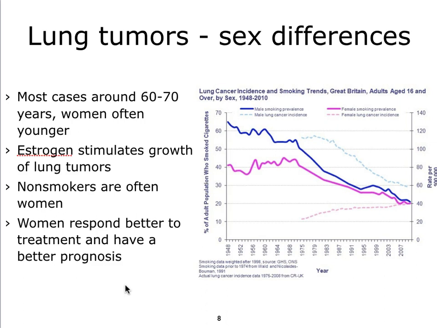So they develop disease earlier. So they develop COPD earlier and develop lung cancers earlier. And the thought is that somehow estrogen stimulates the growth of lung tumors. And the increased sensitivity for cigarette smoke here again shown.